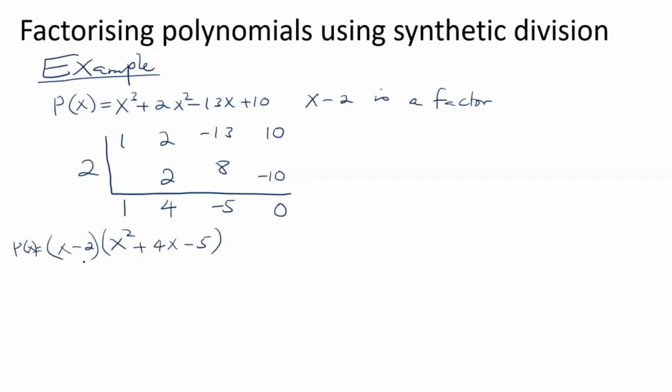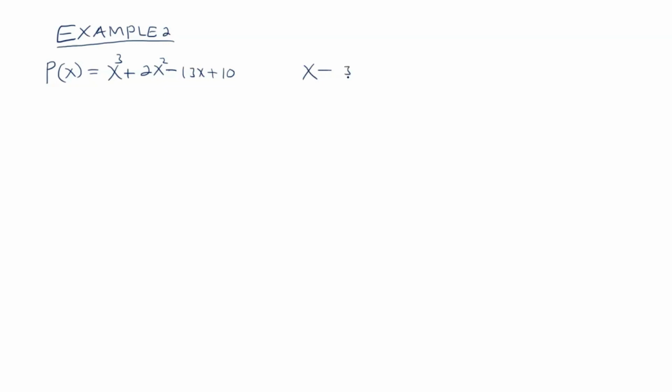Let's have a look at a scenario where we have got a remainder. Another example. So let's find out a polynomial that is this, and we're dividing by x minus 3.